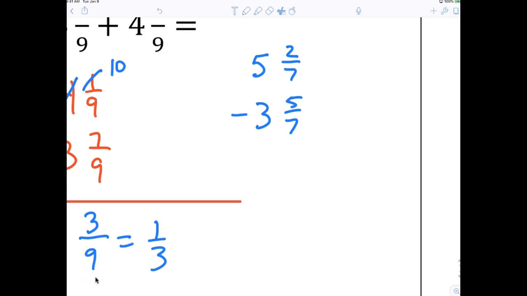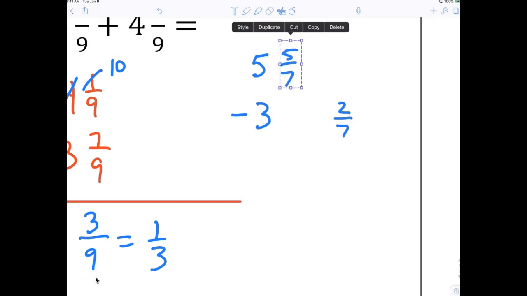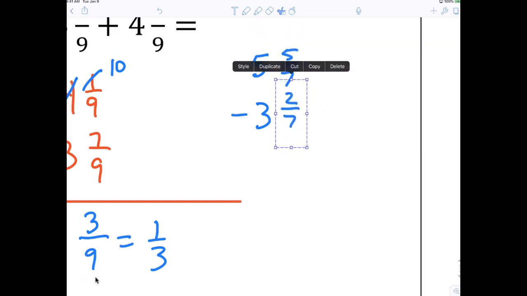Now, if I do this, do I have to borrow? No. You with me? As long as you put the bigger whole number first, that rule applies.